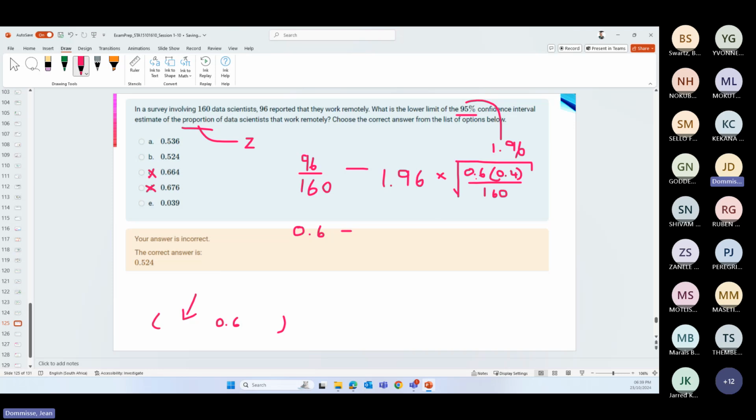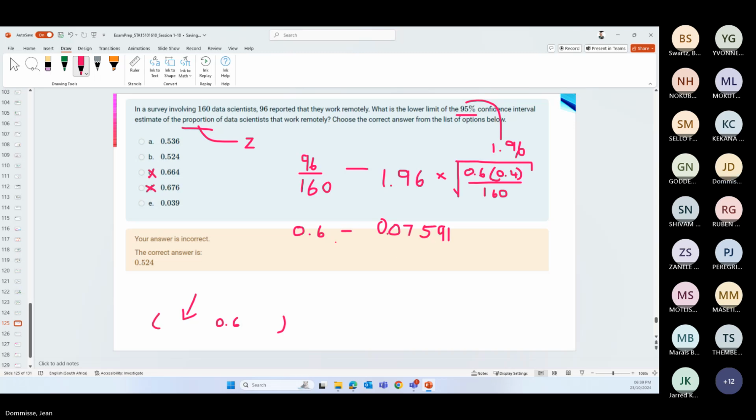Okay, so let's see, 0.6 times 0.4 divided by 160. We take the square root of that, and that will be 0.038. If we multiply that by 1.96, what we need to subtract is 0.07591.